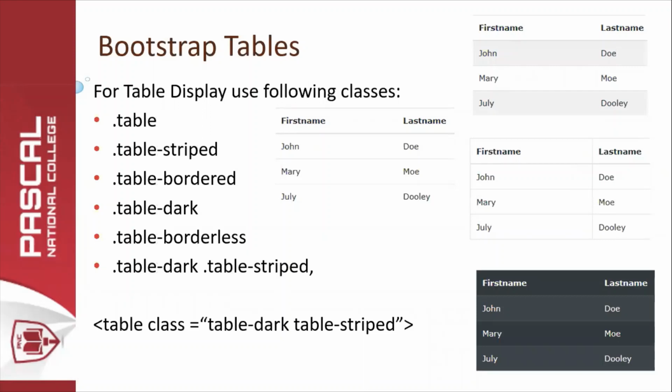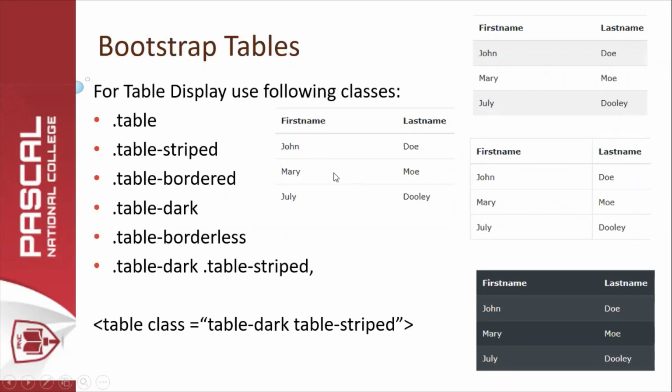Next one is tables. You know about HTML tables, but you want to style your table with already provided Bootstrap classes. You just need to call this table class in your table tag. If you just call this table class, it will give you some basic tables. This is the example while using the table class.